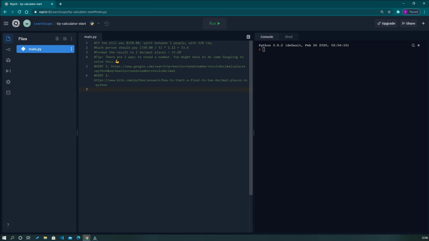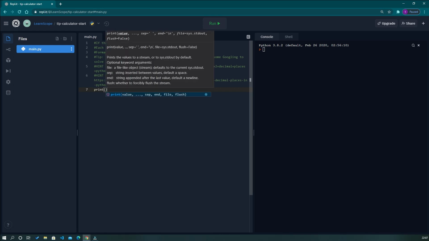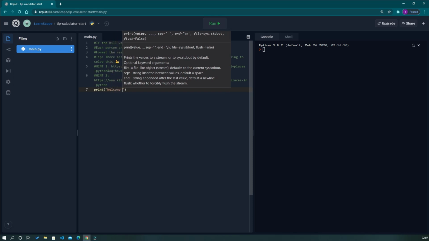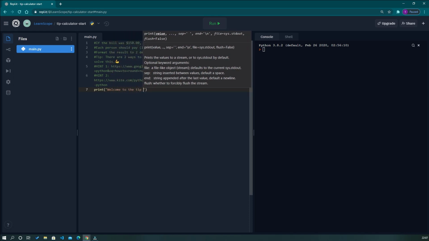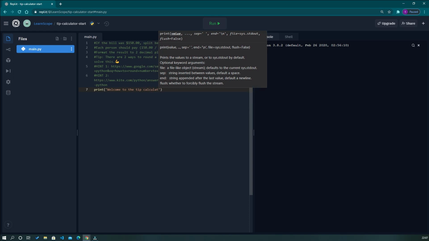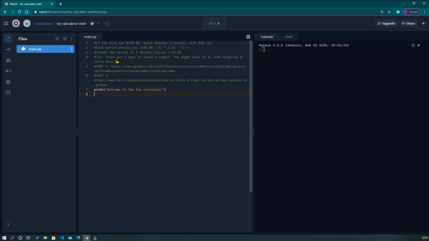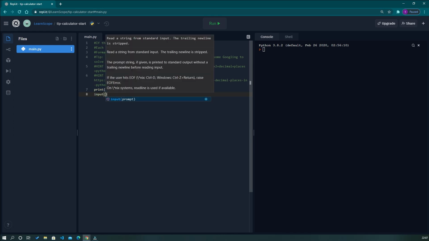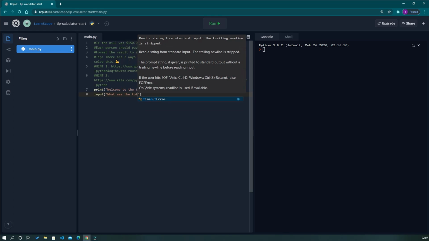First, we want to capture the input. Let's greet, print: Welcome to the tip calculator. And then we want to take some inputs. Input: what was the total bill?